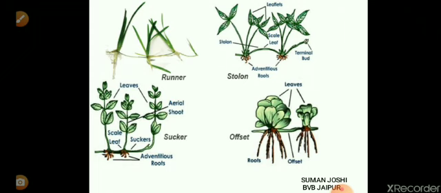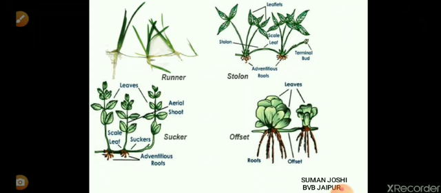Where the node is present, the bud is present, it can give rise to a new plant. You can see here in this structure that the base of the node where the bud is present, it can form the new shoot. That is the stolon.